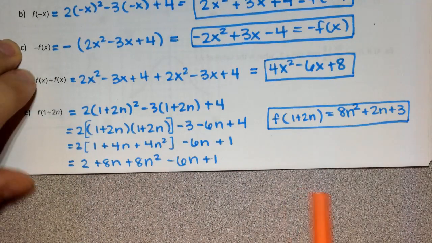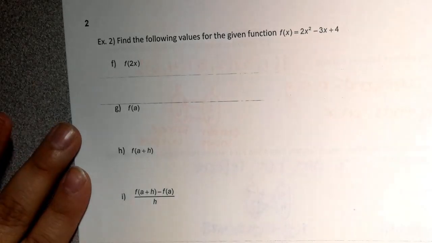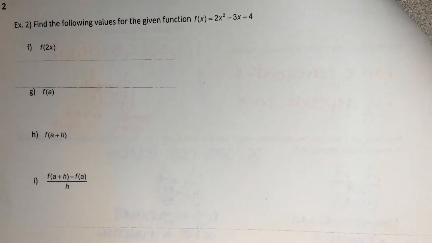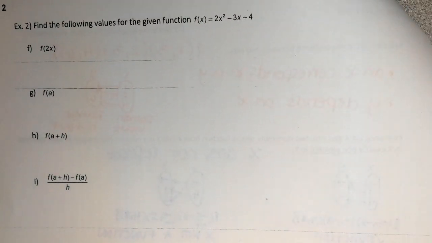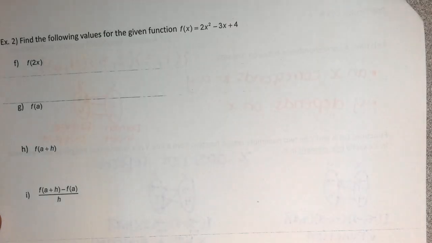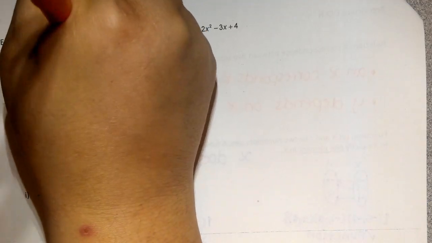Can I change this? Has everybody got that? All right. For this right here, we're plugging in 2x. So again, what is 2 times 2x squared?